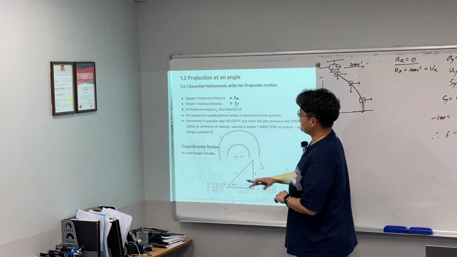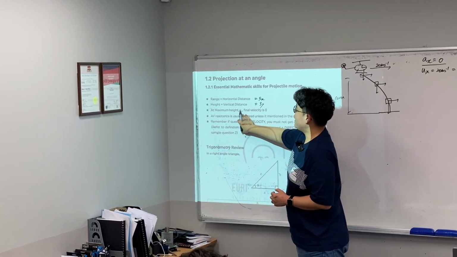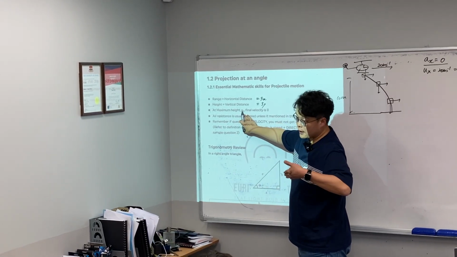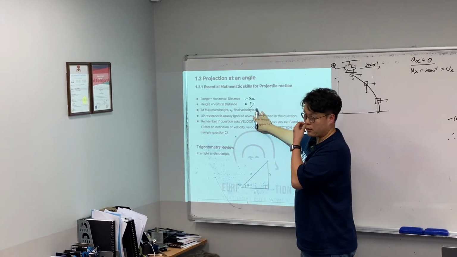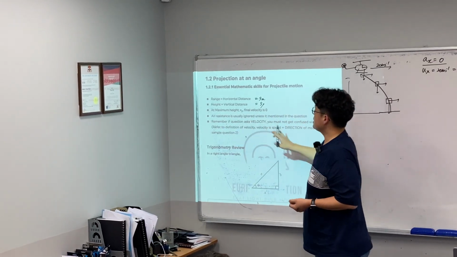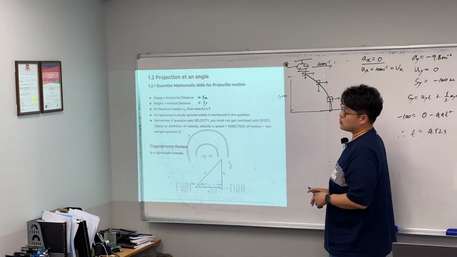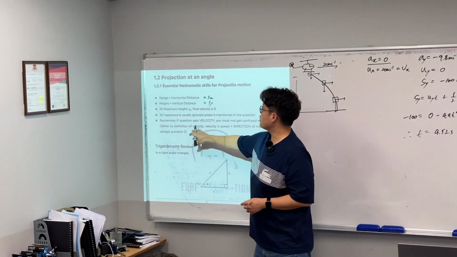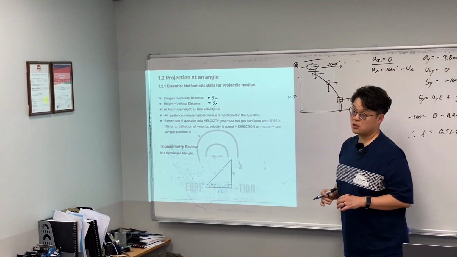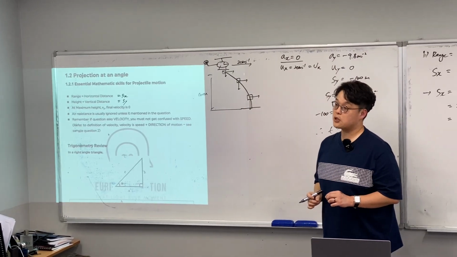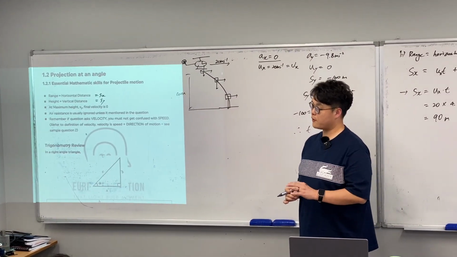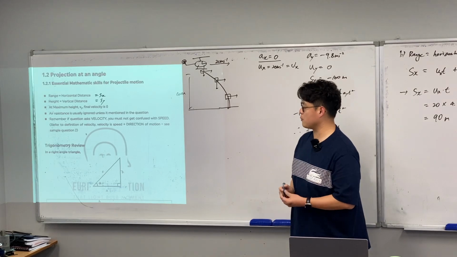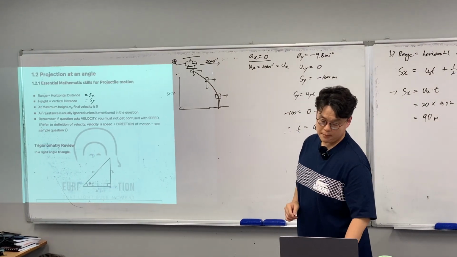As we discussed, at maximum height the final vertical velocity is always 0. Air resistance is usually ignored unless the question mentions it. And remember, if the question asks for a velocity, you must state the direction. Don't forget that; it's a common mistake made by a lot of students.